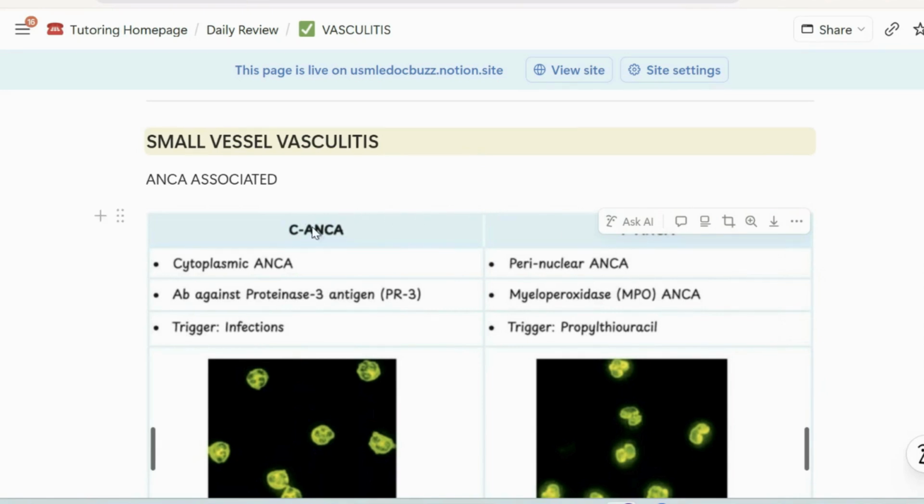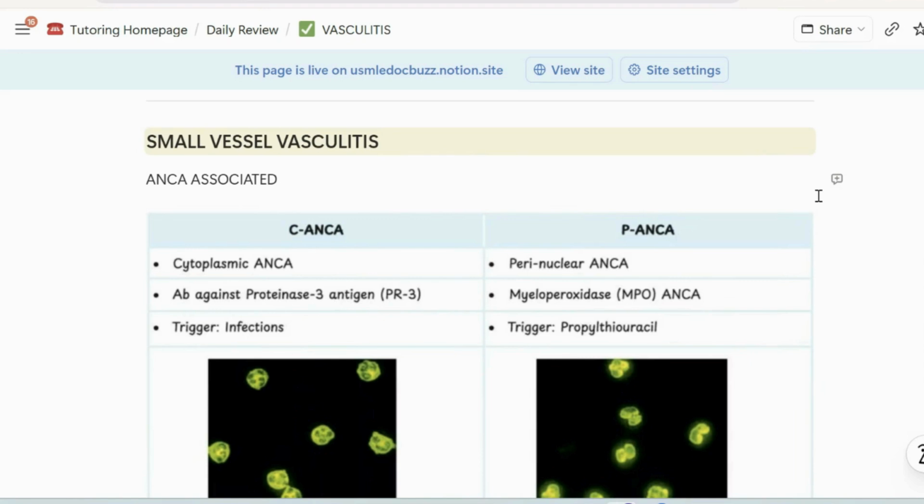C ANCA is usually triggered by some sort of infection. So the body starts to make these antibodies against the PR3 antigen during or after some infection, okay? P ANCA is usually seen with the ingestion of propylthiouracil, okay? So a person with, let's say, hyperthyroidism, right?